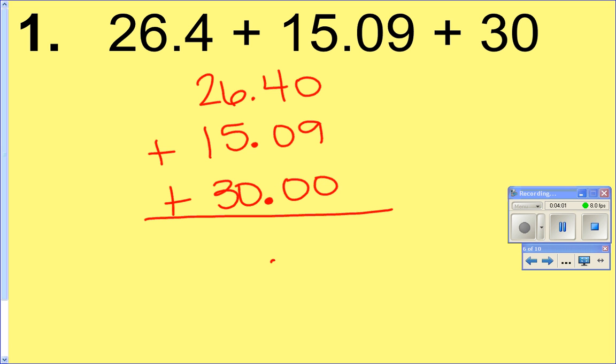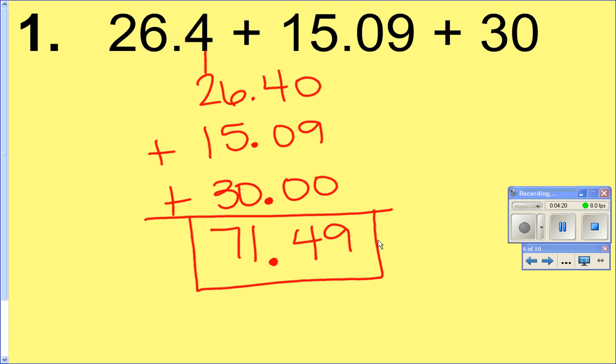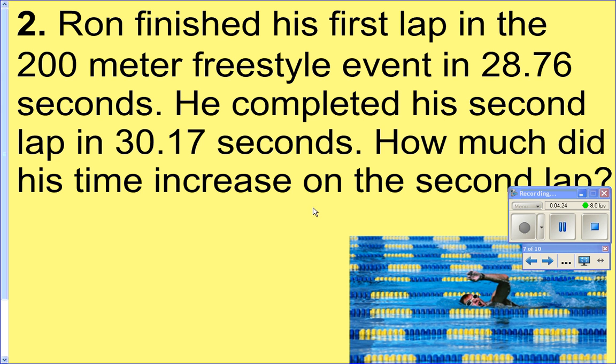Bring your decimal straight down. 9 plus 0 is 9. 4 plus 0 is 4. 6 plus 5 is 11. 2 plus 1 is 3. Plus 1 is 4. Plus 3 is 7. So the answer to this problem is 71 and 49/100. Okay. Try this next one on your own. You can pause the video and then check it.